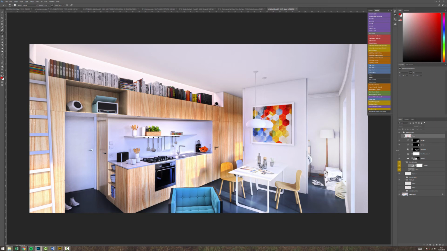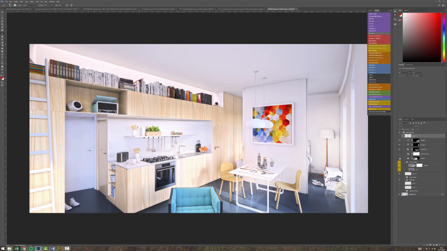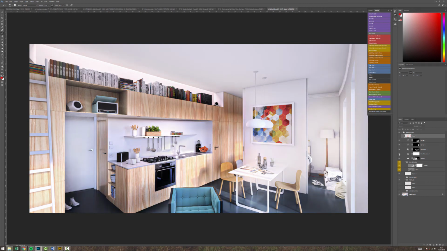The other thing is a tiny bit of warmth here, and the problem when you change the levels is that you get your saturation up. So here the saturation was lowered a little bit, maybe a bit too much actually, but that's the thing. I think it's pretty much it.